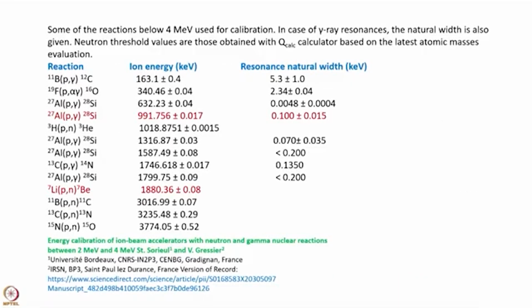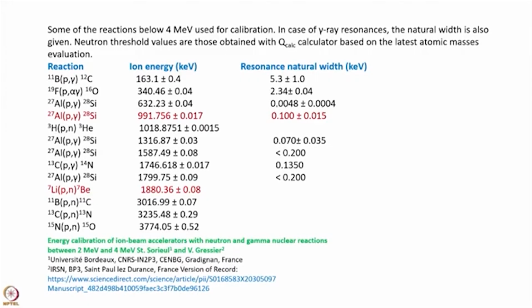Now, so far I have only talked about the aluminum (p,gamma) resonance, which is one resonance, and the other resonance I talked about. In the literature, you will find that several well-defined resonances have been studied, and not only resonances, but also neutron threshold experiments have been done, and some of them are listed.